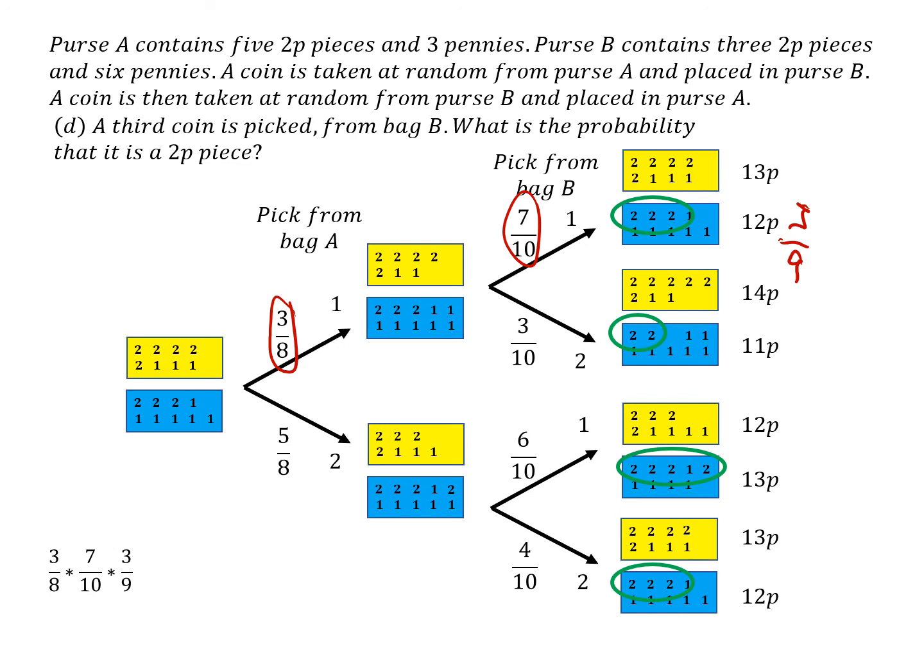So the probability of picking a 2p piece from this blue bag here is 3/8 times 7/10 times 3/9. We have to add to that the probability of picking one of these two 2p pieces, and that is 3/8 times 3/10 times 2/9.